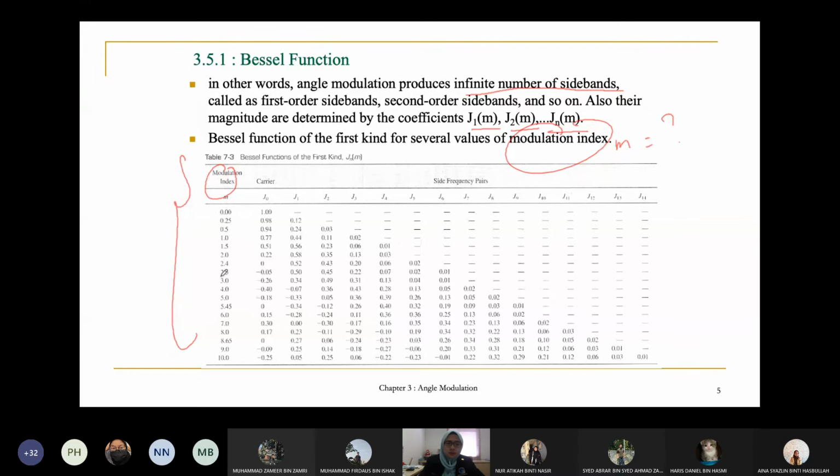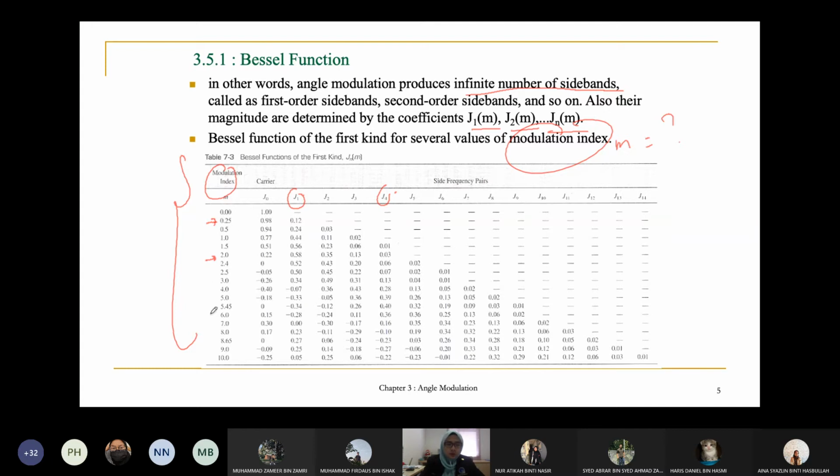For example, if your modulation index is 0.25, then this is the carrier, and the coefficient of the carrier is 0.98. You have one sideband because you only have up until J1, and this is the coefficient for the amplitude of the first sideband. But if you have a modulation index equal to 2, then you will know that you have 4 sidebands, and so on.